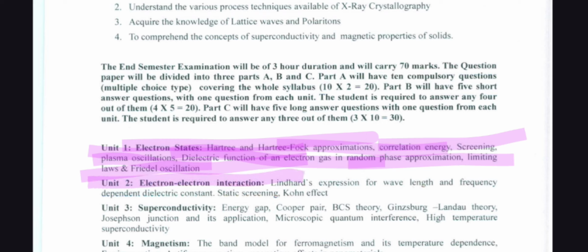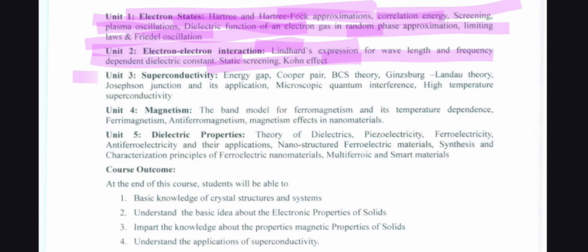Unit 2: electron interaction, Lindhard expression for wavelength and frequency dependent dielectric constant, statics, screening, Kohn effect. Unit 3 is superconductivity: energy gap, Cooper pair, BCS theory, Bose condensation theory, and Ginzburg-Landau theory, Josephson junction and its application, macroscopic quantum interference, high temperature superconductivity.